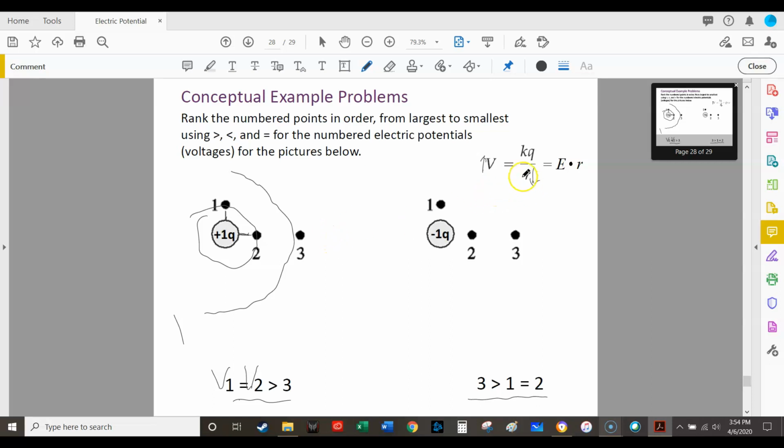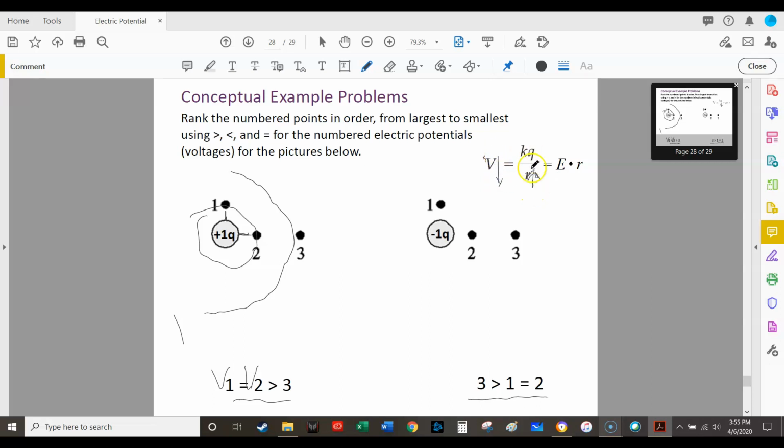If the distance blows up to infinity, then the voltage drops down to 0.